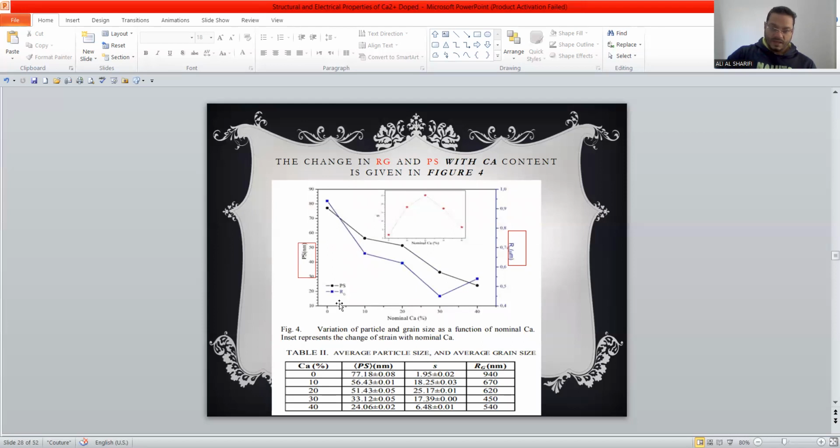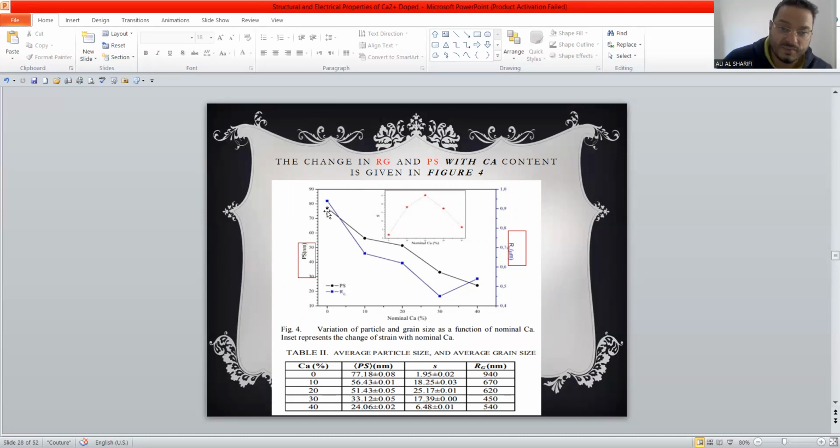Here this column explains the relation between the particle size and the doping element concentration, and at the same time the grain size, with the x-axis for concentration of calcium. The black ball explains the particle size.